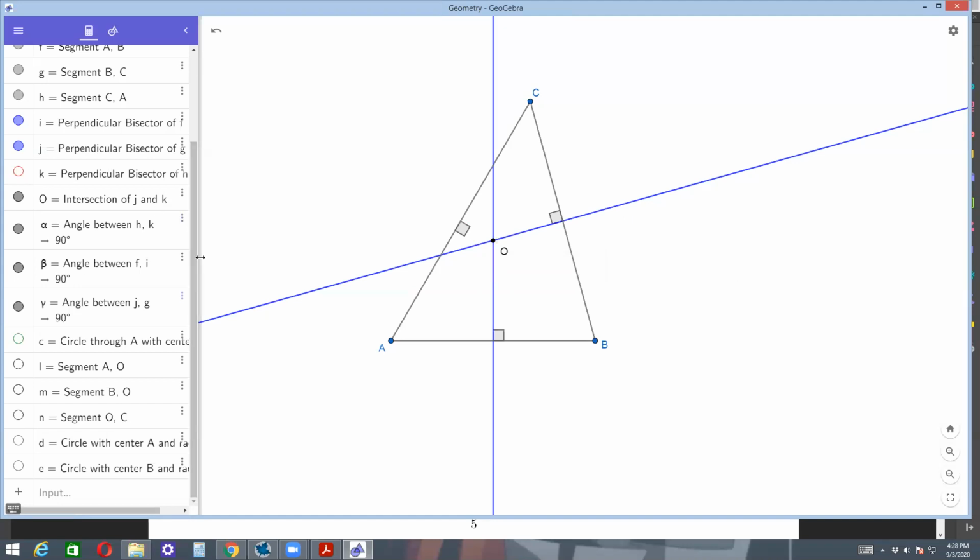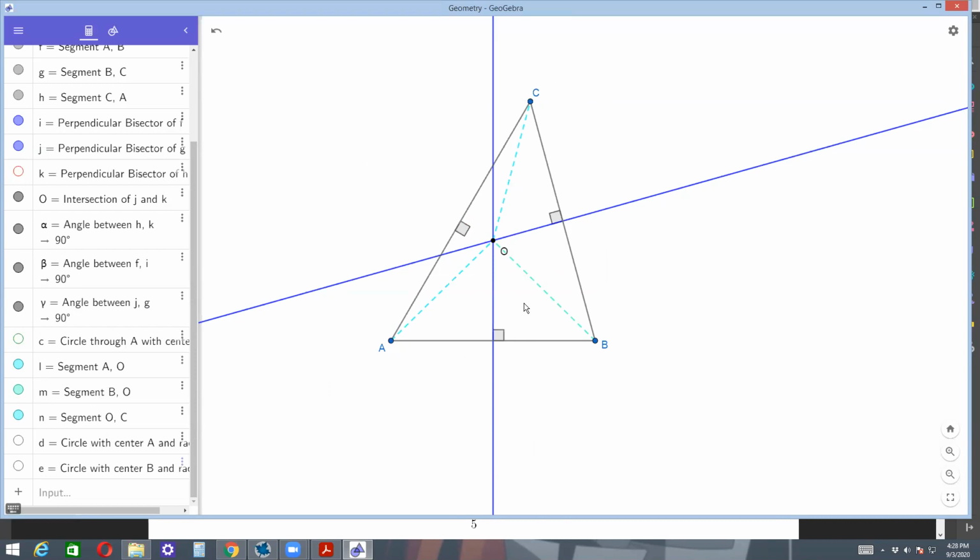Let me not draw that for now. What I'm going to do is connect A to O, connect B to O, and connect C to O. Now, it'll help if we know what the end result we're trying to reach here is.